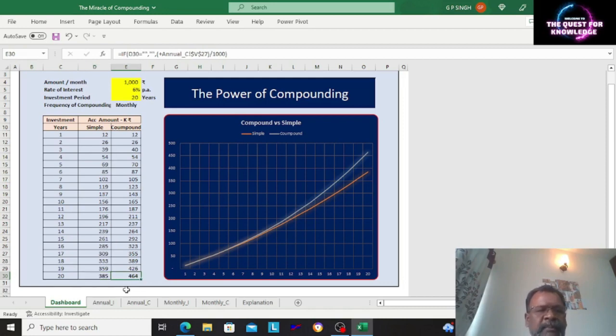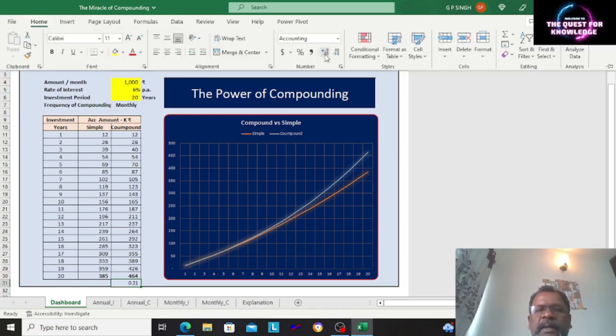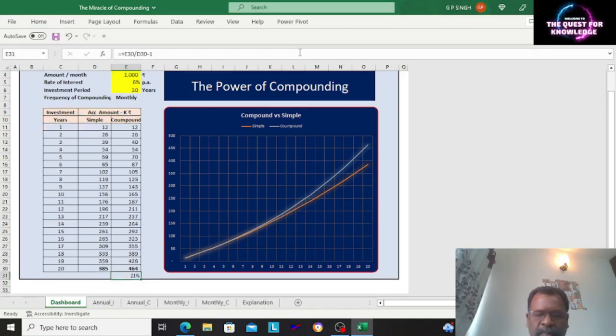And if we apply the compound interest, the accumulated amount at the end of 20 years becomes 464,000, that is 4,64,000. So you can see the difference between these two is how much? 20%. So this is the power of compounding.